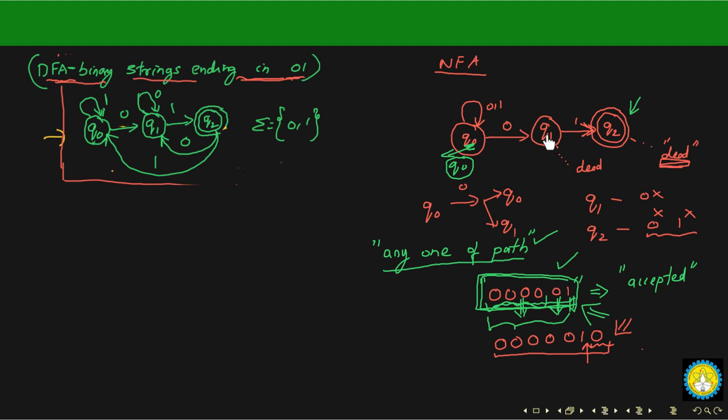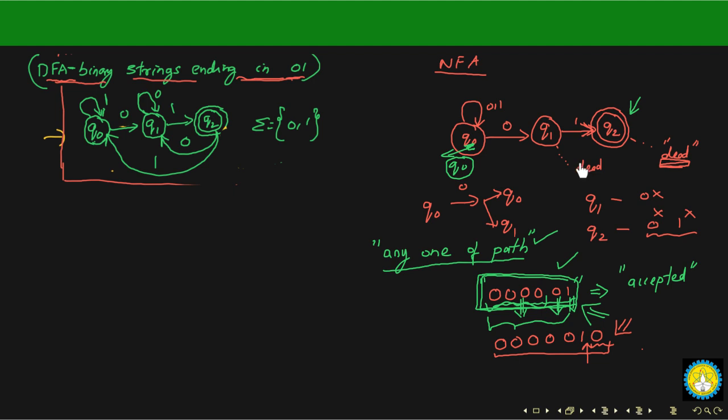So for the first two zeros I stayed at Q0, then for the third zero I'm at Q1. And from Q1, I don't know what to do upon seeing a zero. So I am going to a dead state. That way also you cannot accept your string, you cannot process it further, so your string gets rejected.